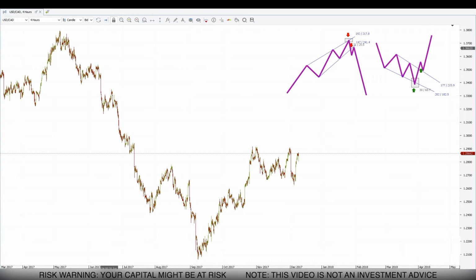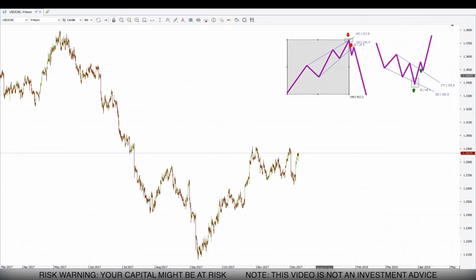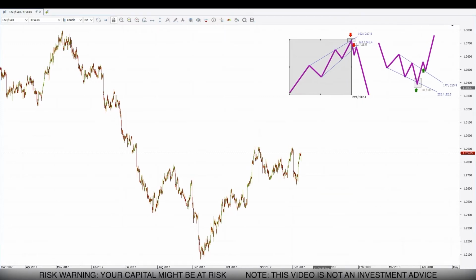Another way to set the expiration date is to simply measure the time taken for the whole wedge to form. So from here to here, we measure the time taken for it. This will be the time. Then project that time on the right side, like this.